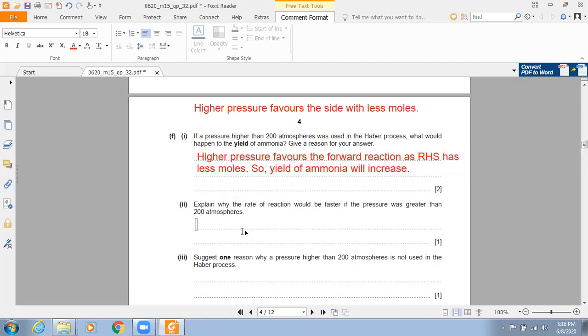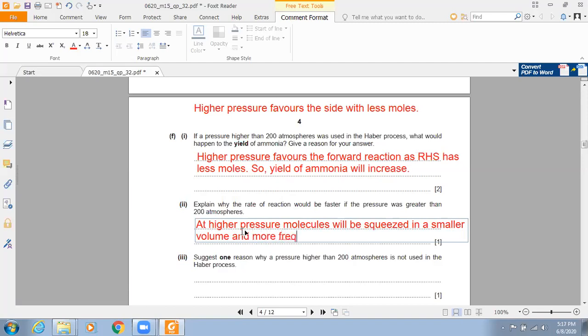Okay, so at higher pressure, molecules will be squeezed in a smaller volume and more frequent collisions will take place, right? Okay, so I hope this is clear.